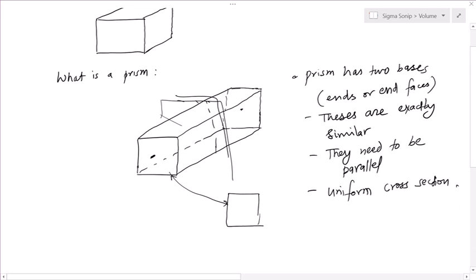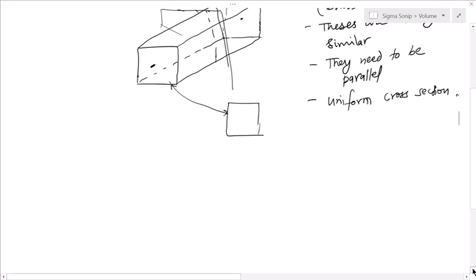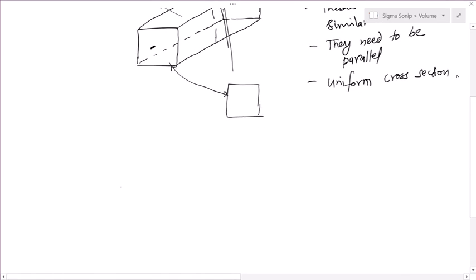The other thing is, the faces need to be parallel. Let me draw an example and you can tell me whether this is a prism or not. This is my one face, and my other face is like this. Okay, but it's not the same.